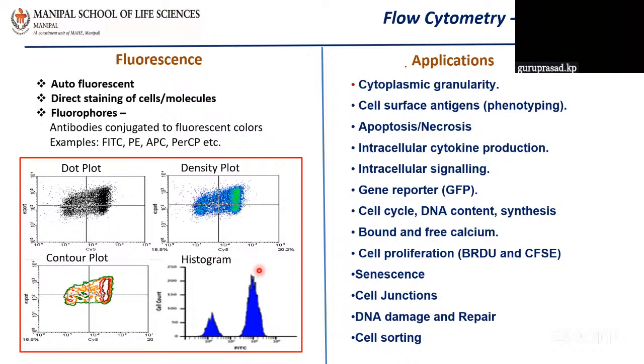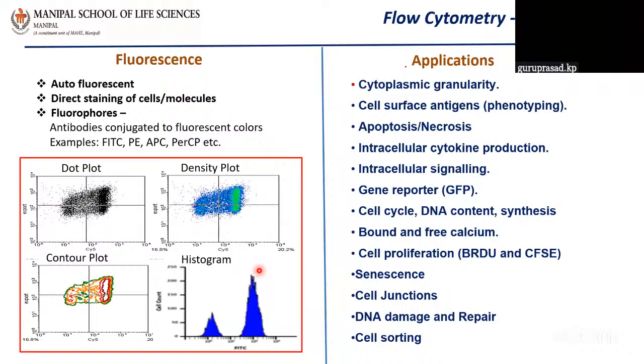Similarly, see what the applications are. Why do we need a flow cytometer? If I ask anybody to count 100 cells in a microscope, definitely they will count by taking maybe 10 to 15 minutes. Suppose I ask them to count, say, 1 lakh cells or 10 lakh cells, it is very difficult for them.